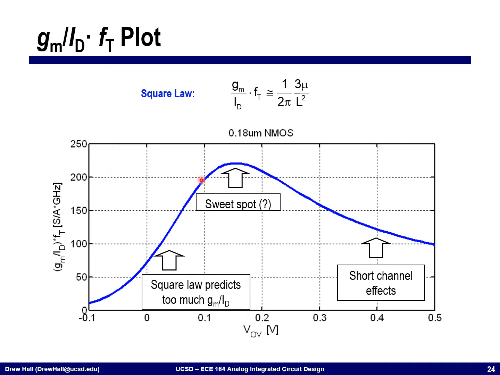At high overdrive voltage, we start to kick in a lot of channel length modulation effects and short channel effects, so we decrease the transconductance, and that leads to this sweet spot. It moves around for different technology nodes, but it's usually right about 150 to 200 millivolts. Here we have the maximum product of GM over ID, transconductor efficiency, times FT.